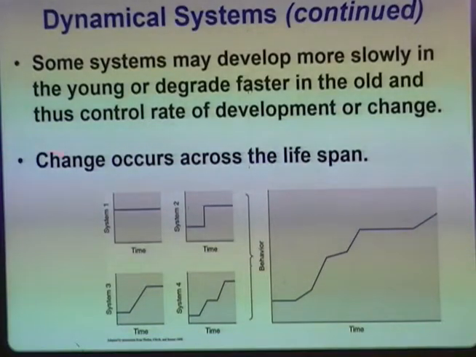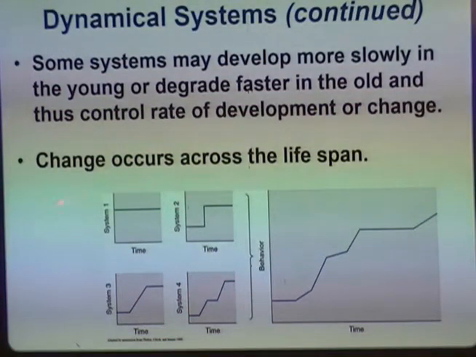Right? This system, in this hypothetical idea, this system 1 isn't changing. Right? System 2 is plateau, and then it has a sudden change, and then it plateaus again. System 3 kind of changes a little more continuously with a regular pattern, and this system changes, stops changing, changes, stops changing.